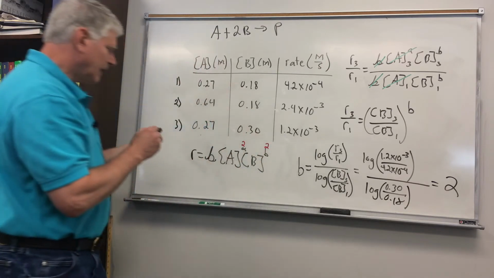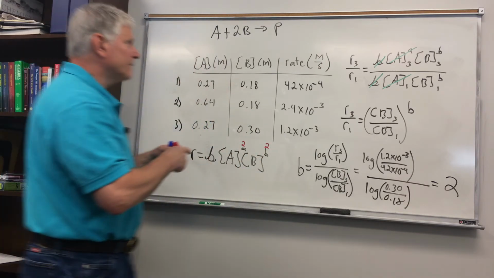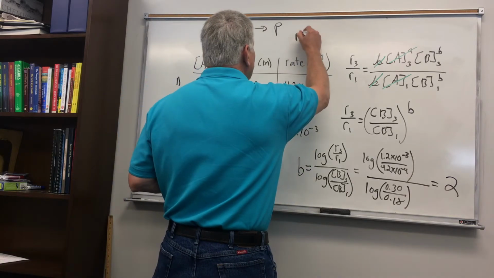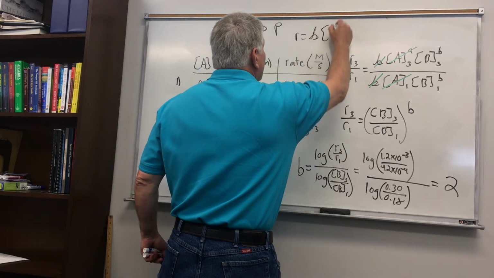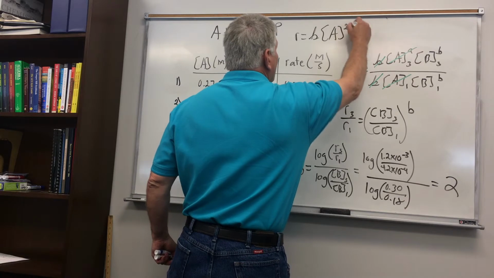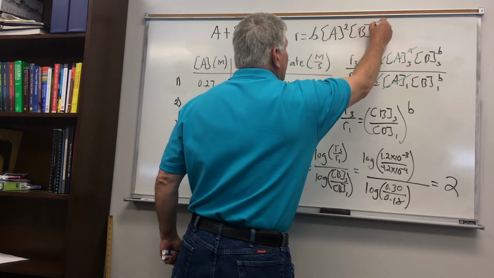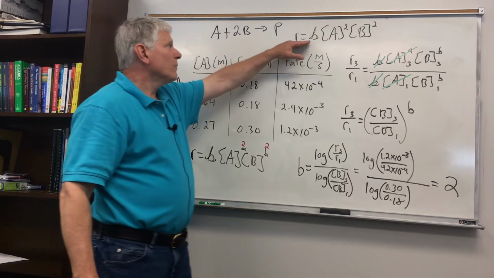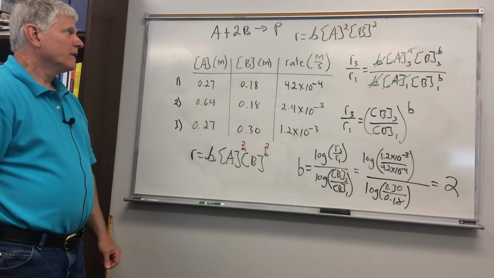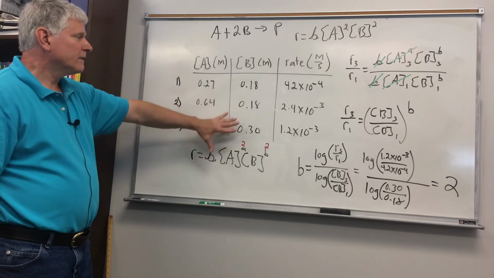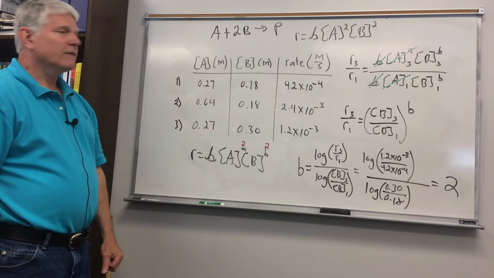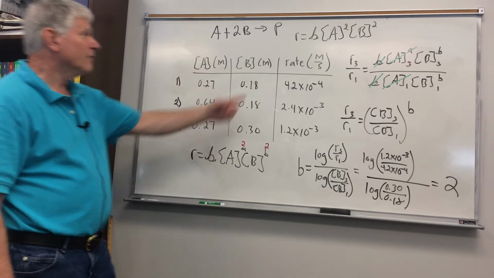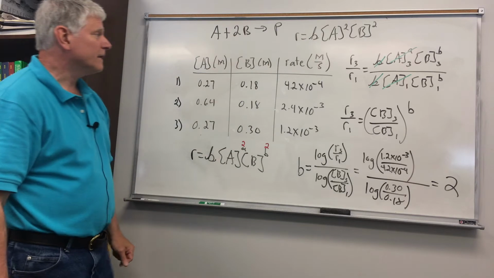So now I know my rate expression. My rate expression is equal to k times A squared times B squared. So I found the form of the rate expression for this particular reaction through my experiments. Now the last thing I can determine is the value of the rate constant k.